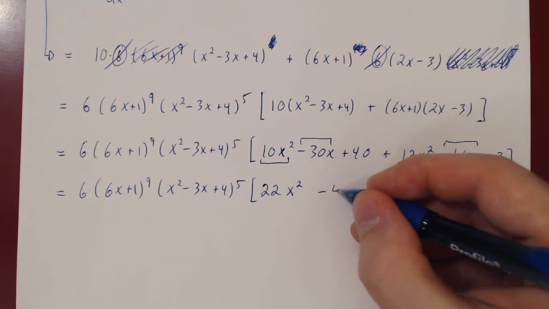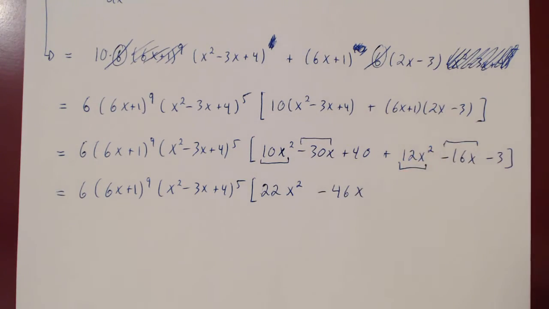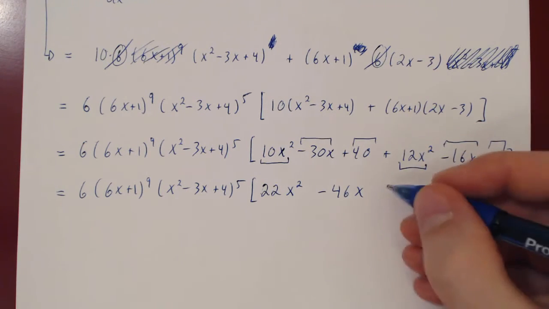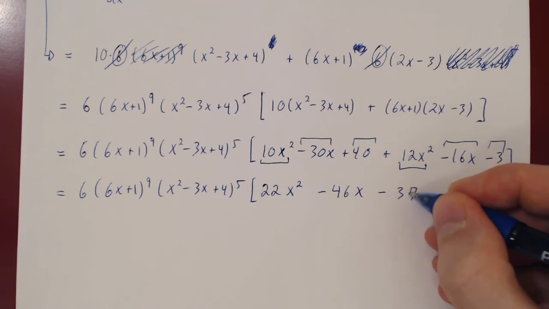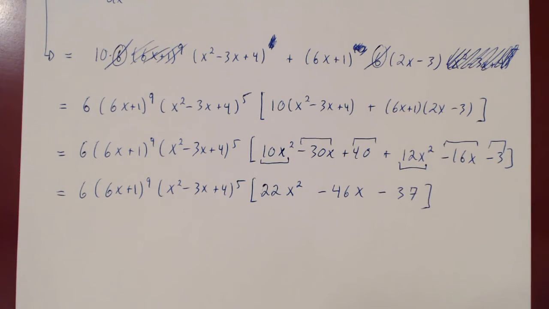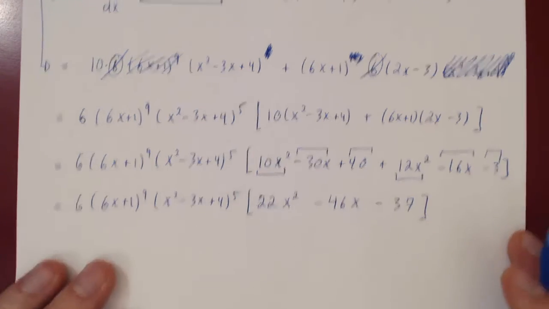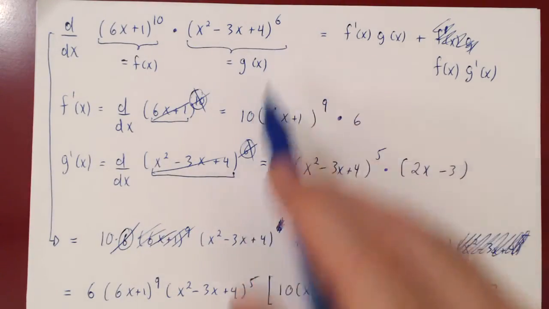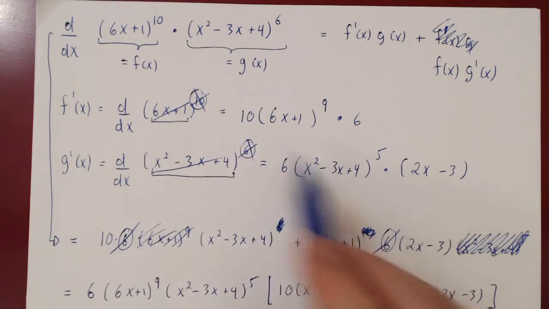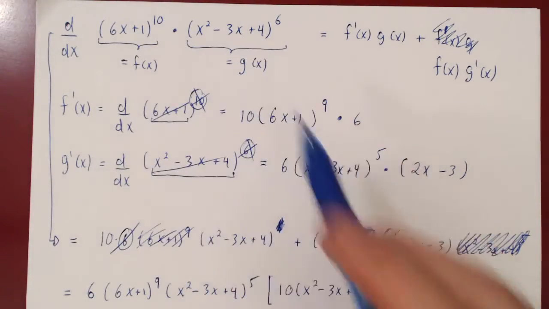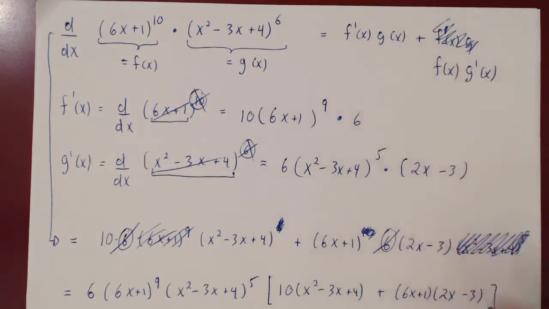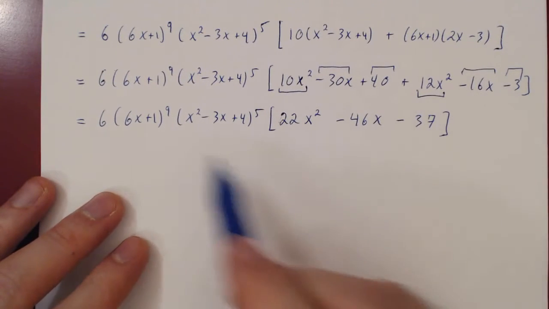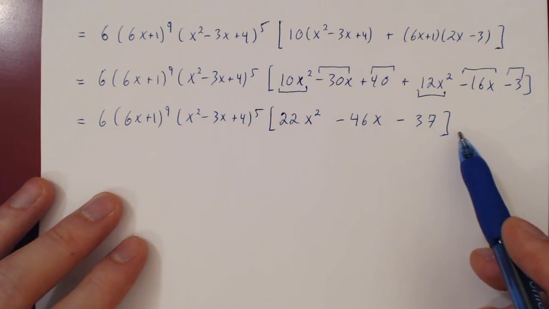That's negative 46x. And the constant terms, positive 40 minus 3, negative 37. And there you have it. The derivative of this function, with the help of the chain rule for the derivative of both f and g individually, and then the product rule, gives us this as our final answer.